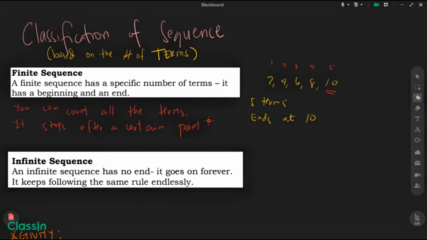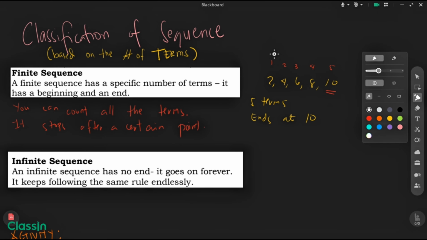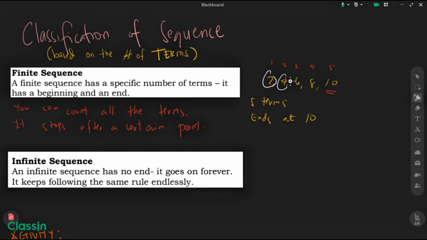The first term is 2, the second term is 4, and so on. And it ends at 10. That is the finite sequence. In this example, we have 10, which is the 5th term: first term, second term, third term, fourth term, and 5th term, and we end at 10.